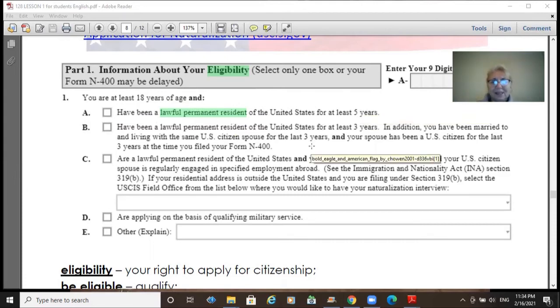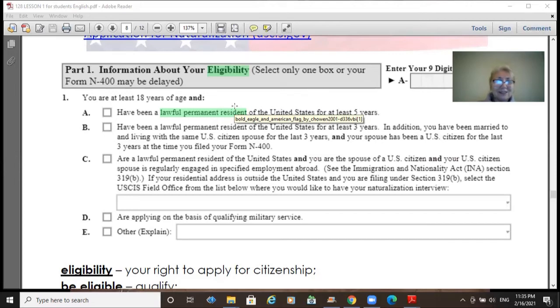Okay. Now, they also may ask you, why do you want to become a US citizen? One of the good answers is I want to vote in a federal or state or any other election.